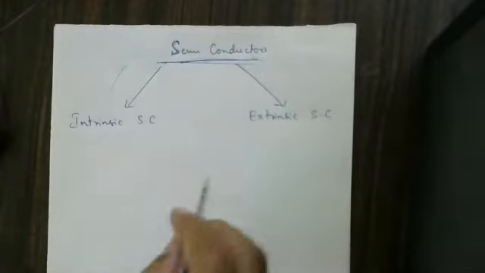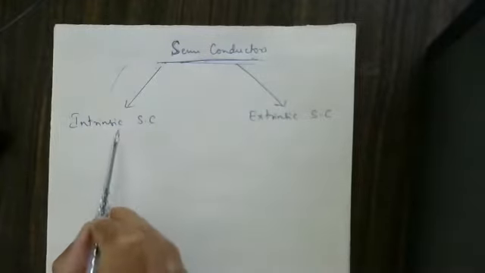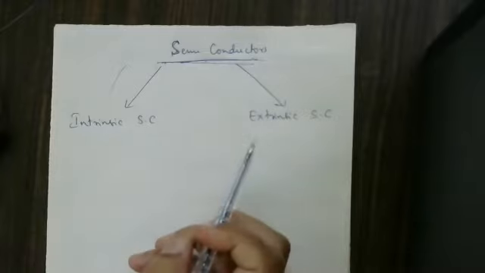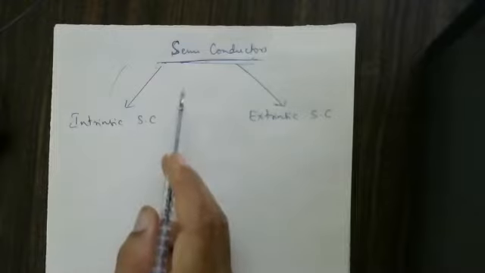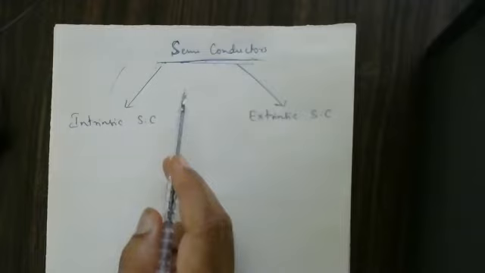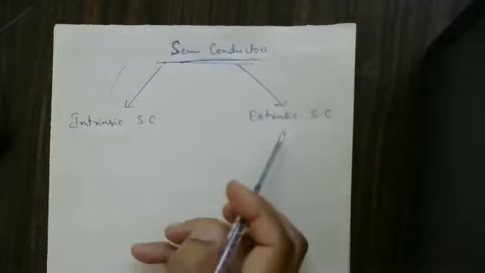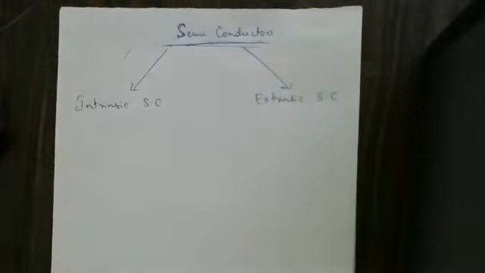So there are two types of semiconductors: intrinsic semiconductor and extrinsic semiconductor.